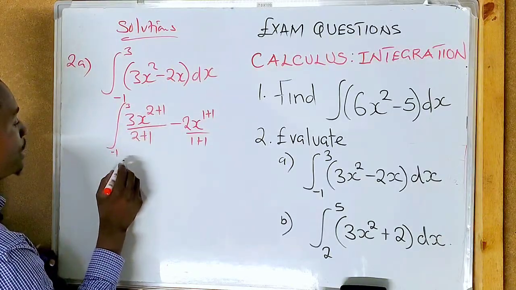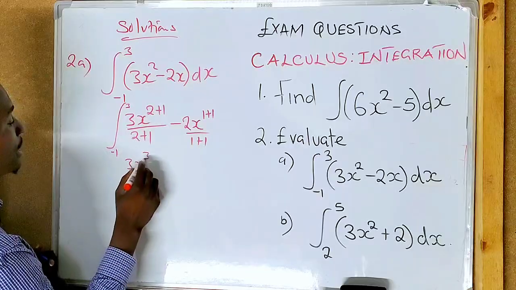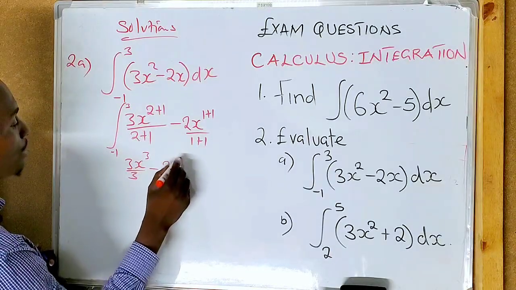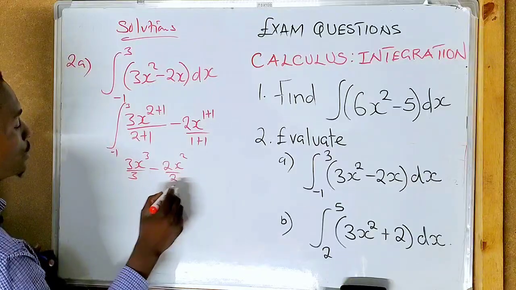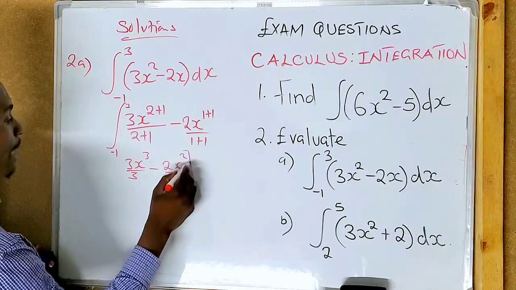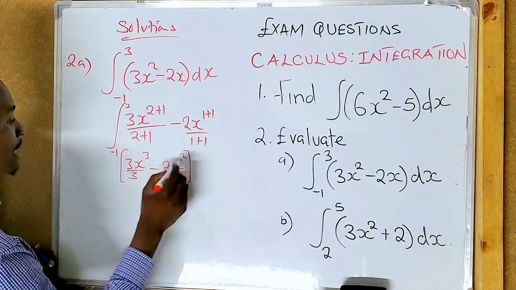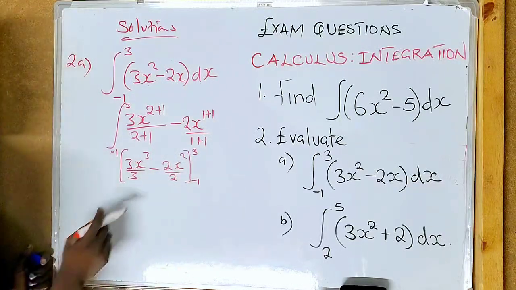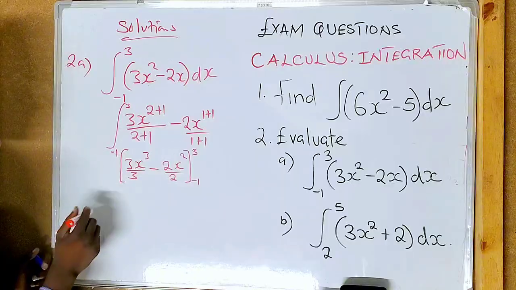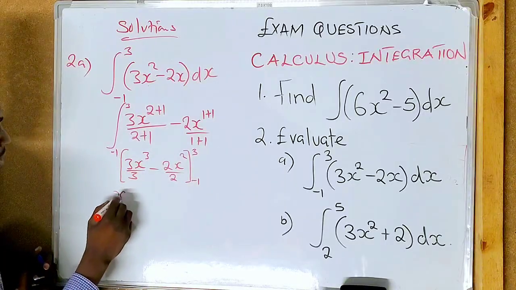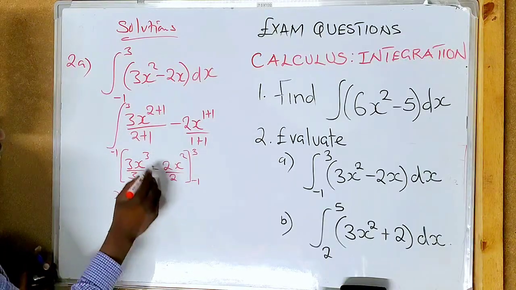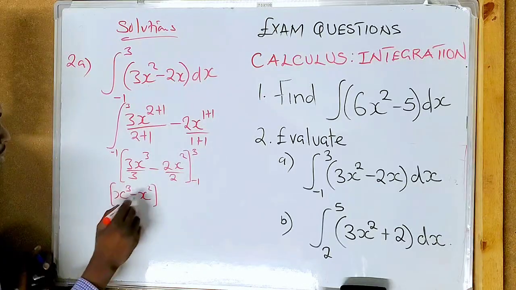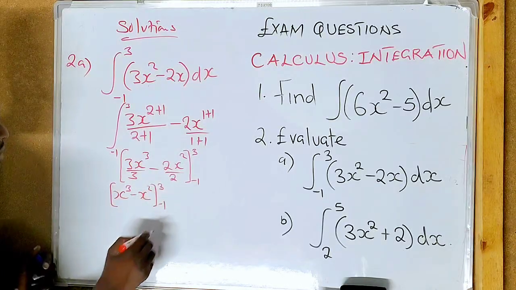So this will be 3x to the power 3 over 3 minus 2x to the power 2 over 2. I can put this in brackets, upper limit 3, lower limit negative 1. You can still simplify: 3 into 3 leaves x cubed, and 2 into 2 leaves x squared. Now we're simplifying.